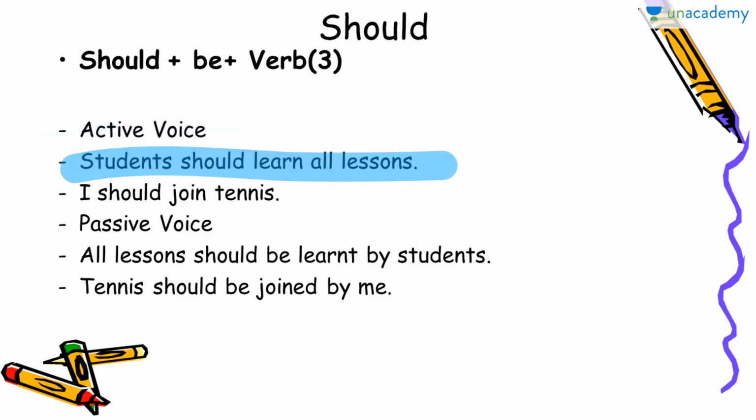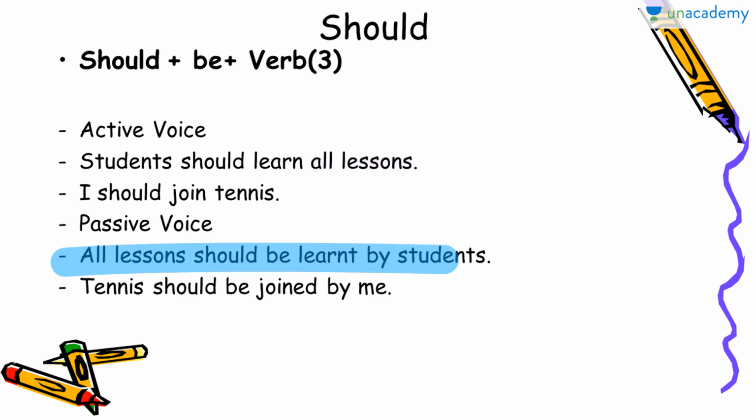Now students are the ones who are supposed to learn. That is why this sentence is in active voice. Students is written first, then should, then learn, first form of verb, and what are they learning? All lessons, which is the object on which the work is done, mentioned at the last. It will become all lessons should be learned by students.